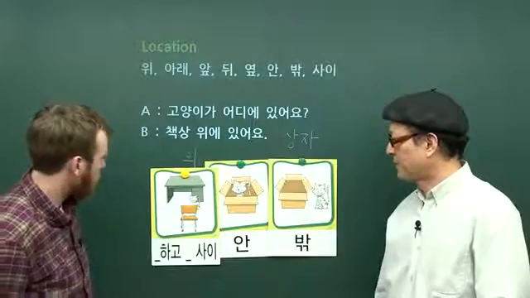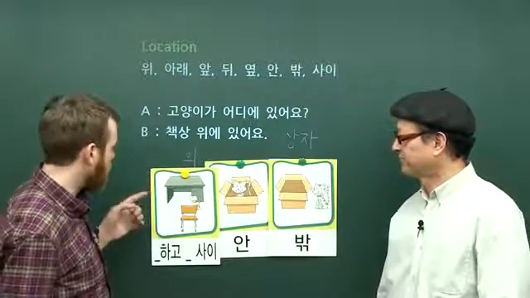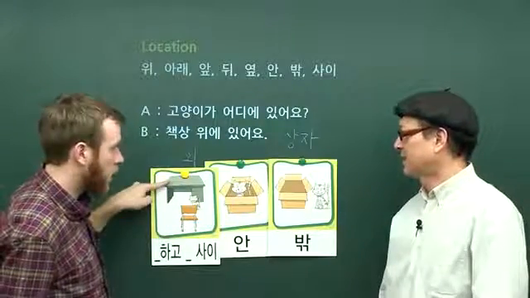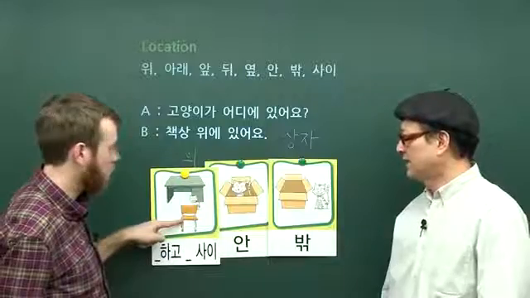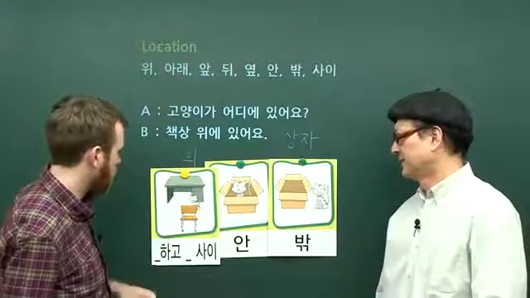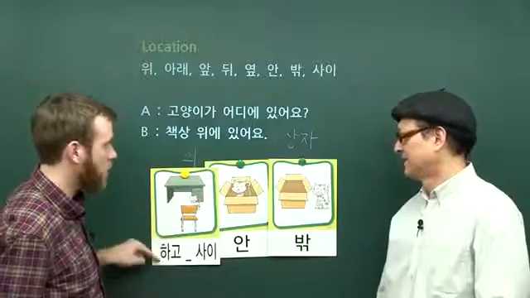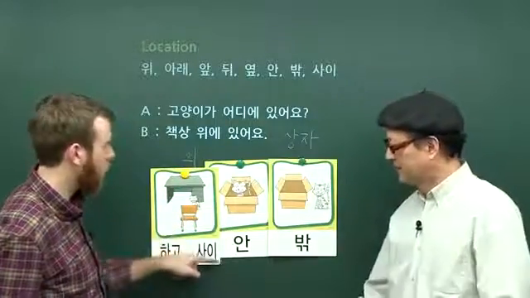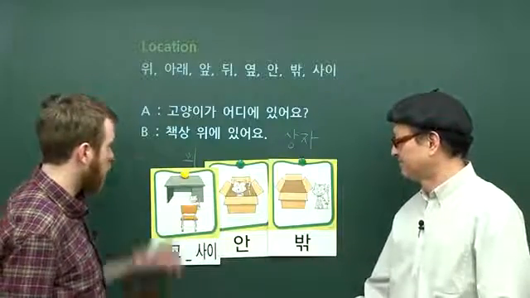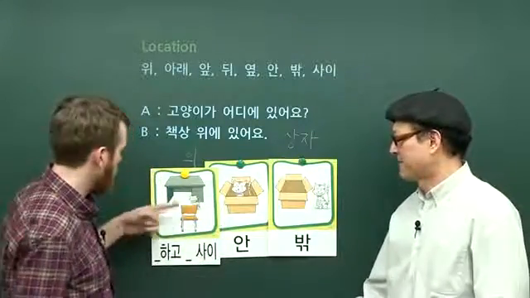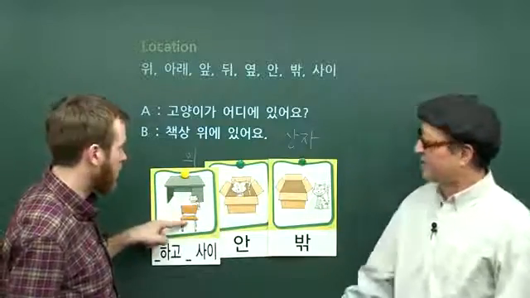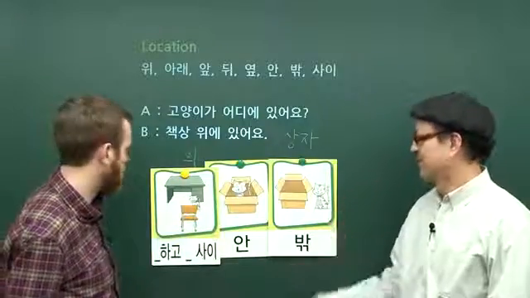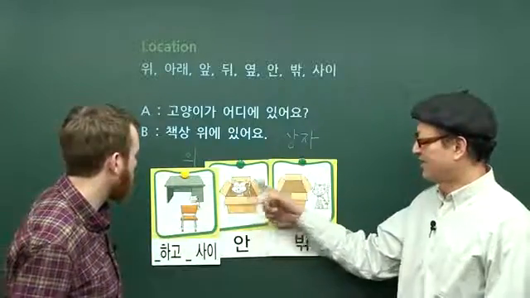So in the case of 사이, we're talking about between, so we have to mention the desk and the chair. 책상하고 의자 사이에 있어요. 책상하고, 하고 means and. So the same question, where is the cat? The cat is between the desk and the chair. 책상하고 의자 사이에 있어요. 잘했어요. 에드워드 쌤, 고양이 어디에 있어요?